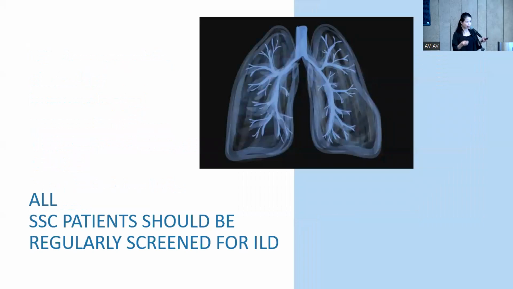And so this is why it is now mandated or recommended that all our patients should be screened. Dr. Felix said that it's quite impossible to screen the whole country or the whole population for ILD, but this is a group of patients that we can screen. And so how do we screen?